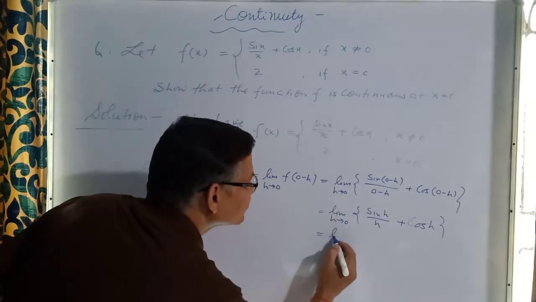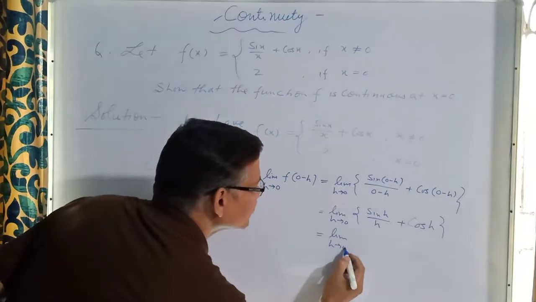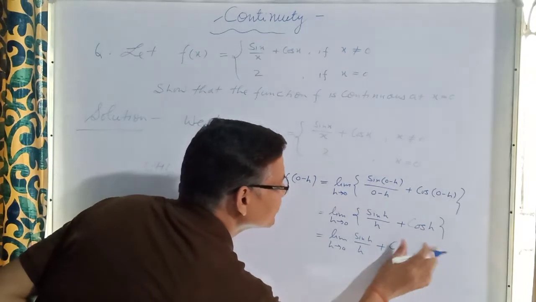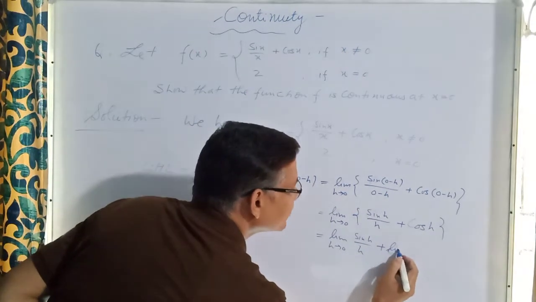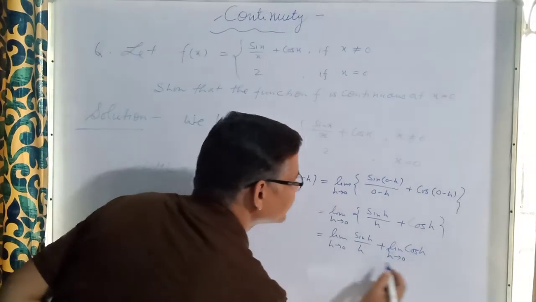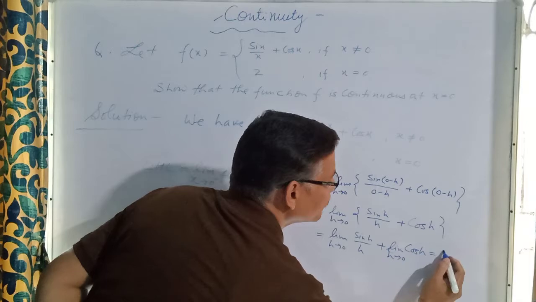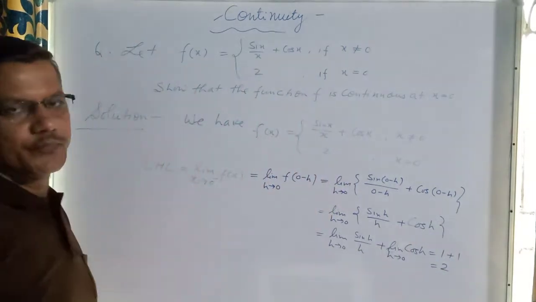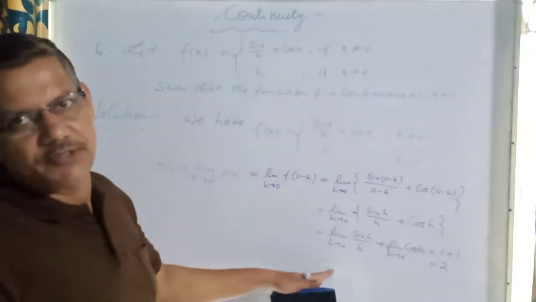Now separate the limits: limit h tends to 0 of sin h by h, plus limit h tends to 0 of cos h, which equals 1 plus 1, equal to 2, by the results of limits.